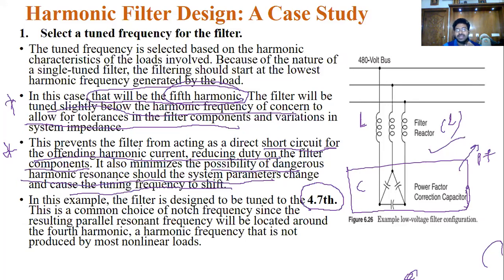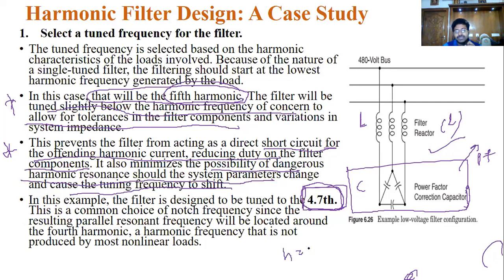So that's why any designer designing for the fifth order harmonic designs the filter parameters in a range of 4.7, 4.8 or 4.5 based on the output efficiency. In this case, it is not exactly the fifth.